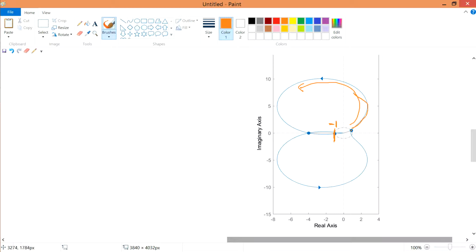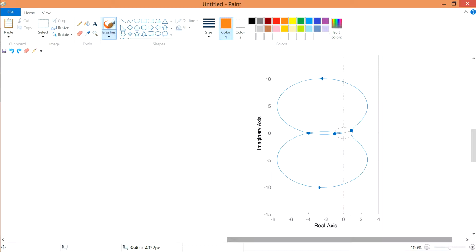It encircles one time. Meaning if you go here, it encircles one time already, and then you go in again and encircle one time more, then you have encircled 2 times. So this is in terms of calculating the encirclement.